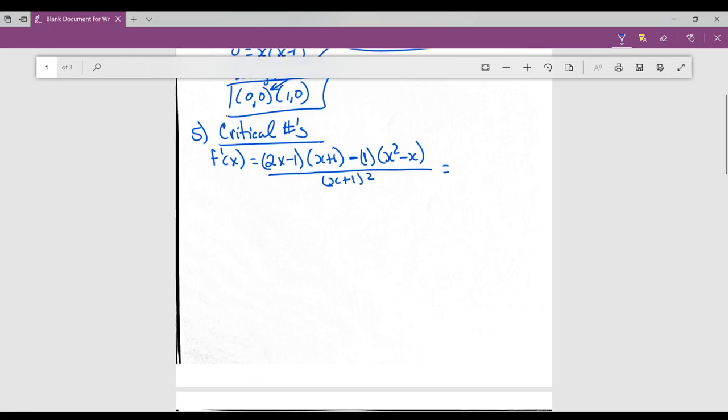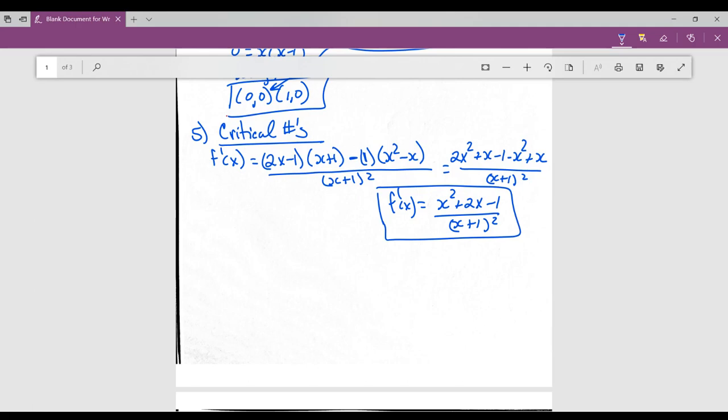So we expand the top: 2x² + 2x - x - 1 - x² + x, over (x + 1) all squared. Remember, don't multiply out the bottom, which is going to give me (x² + 2x - 1)/(x + 1)². Okay, that's your first derivative.